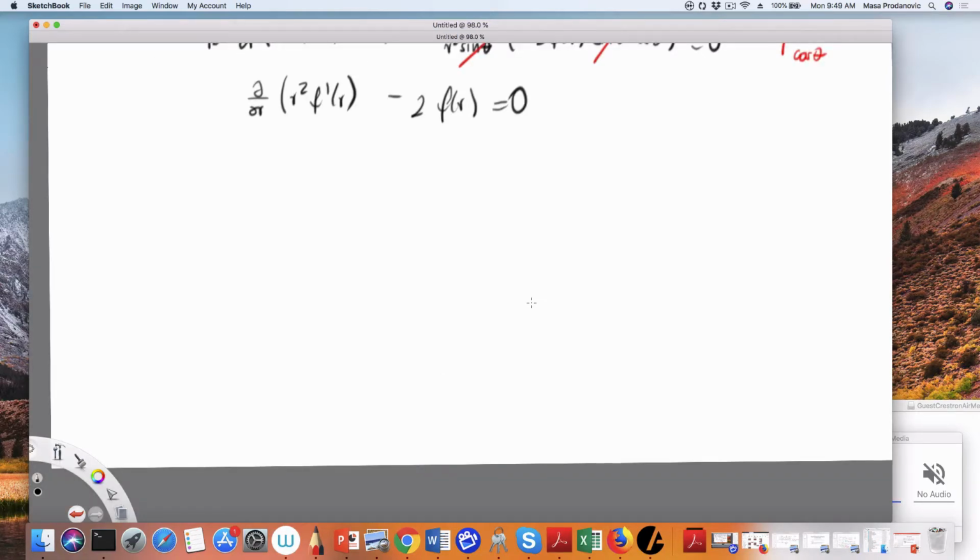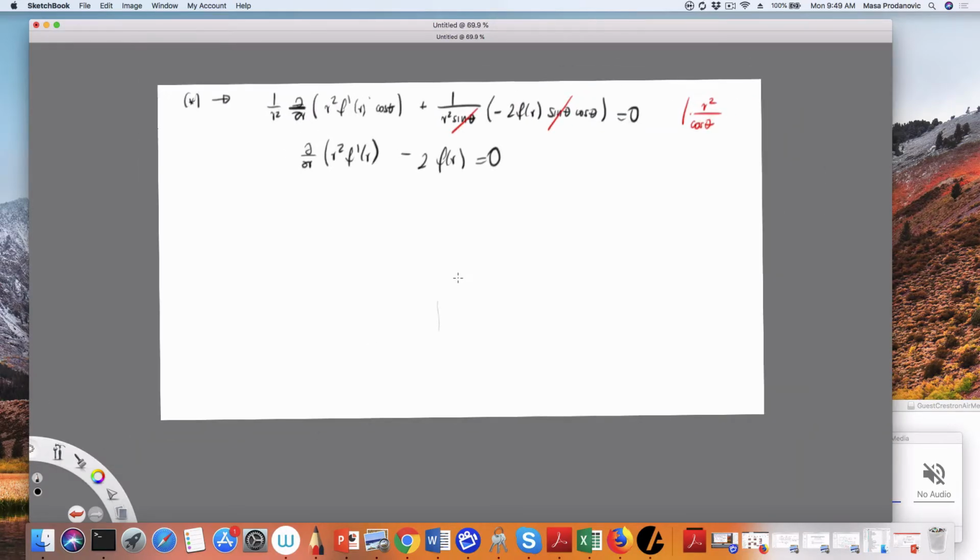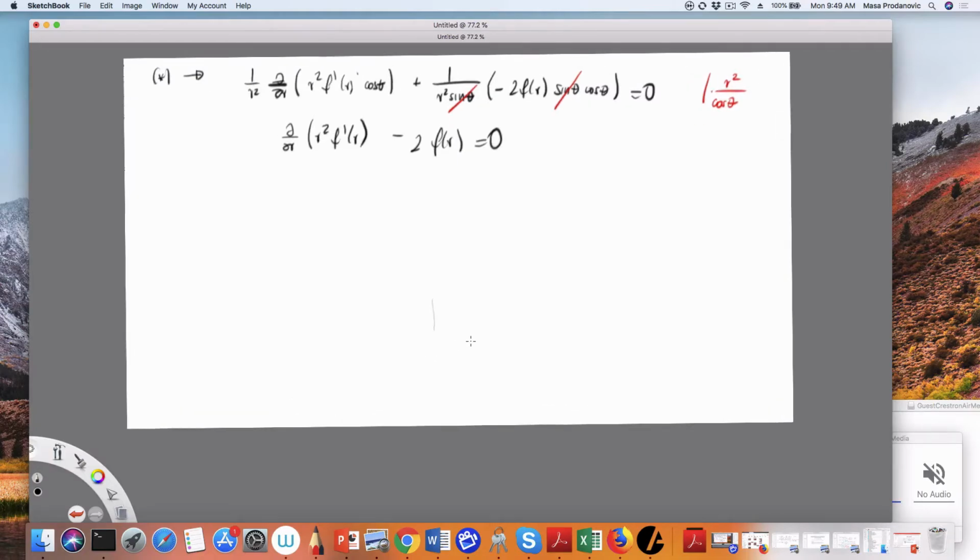So basically I have r squared f double prime of r plus 2r f prime of r, chain rule on the first term, minus 2f of r is equal to 0.